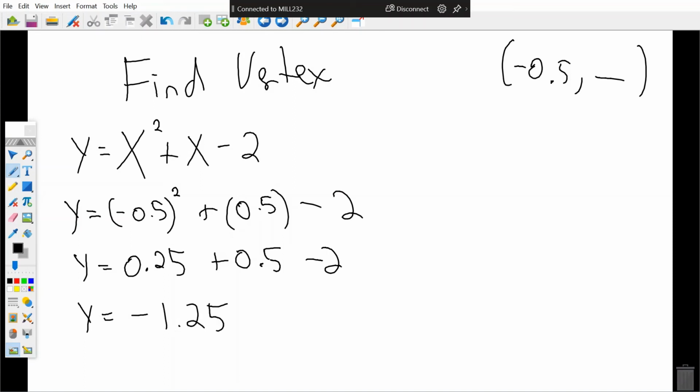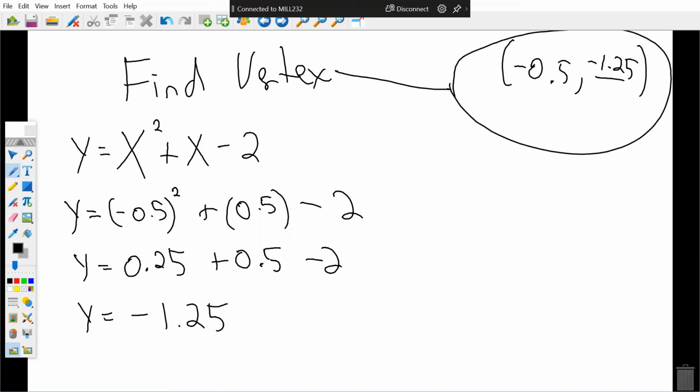So now I have my coordinates of my vertex. Now, this one's a little annoying because it's not a whole number. It's a decimal, but there's nothing we can do about that, okay?